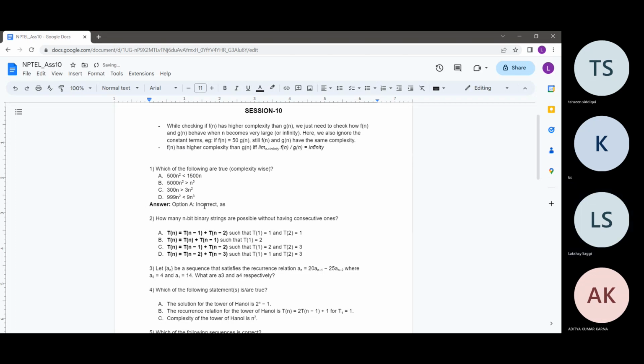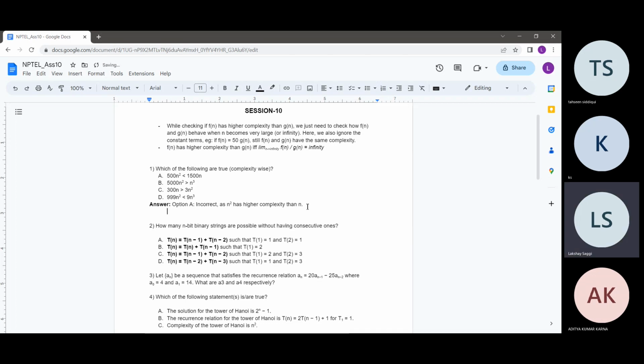As n square has a higher complexity than n. So this is to see straightforwardly that there is a coefficient of n square, we can ignore constants, and n square is higher than n.